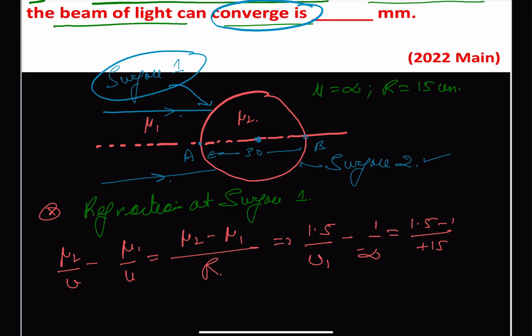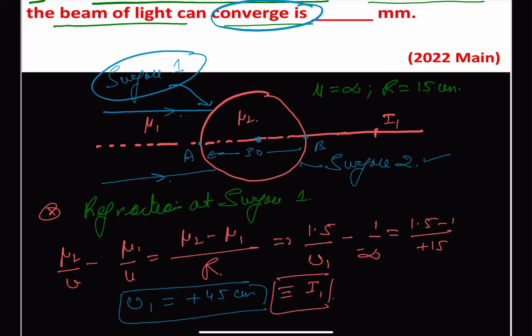And from here we can find out our v, rather v1, and this will be coming as plus 45 centimeters. So surface 1 will be forming an image somewhere here, because this is 30; let us suppose this is our I1.